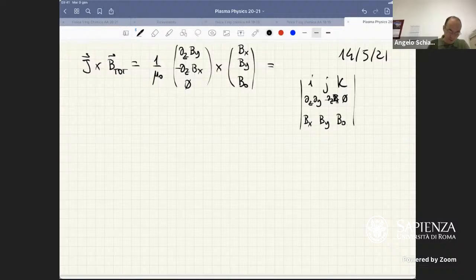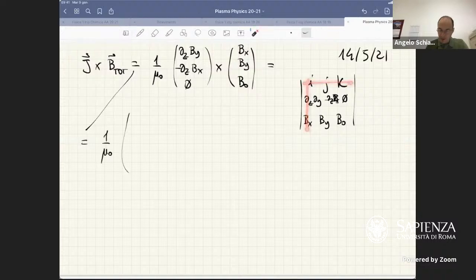Okay, so we have the factor in front times. The first component is minus dz bx times b0, minus dz bx times b0.